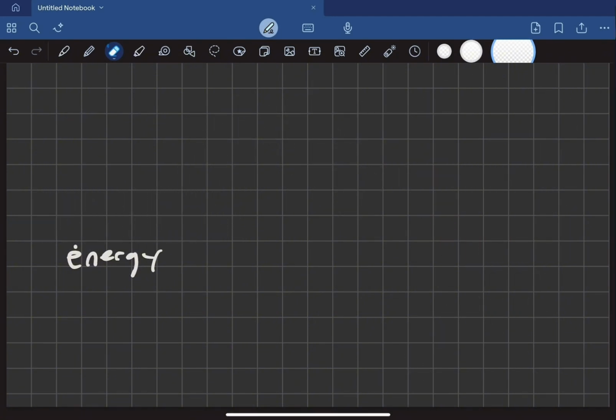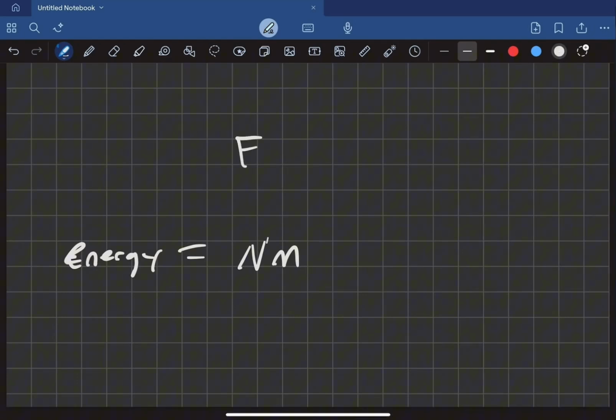Lastly, we have energy. The SI unit for energy is going to be the joule. And all that is a Newton meter, because energy is defined as the force being applied on some object over a distance.